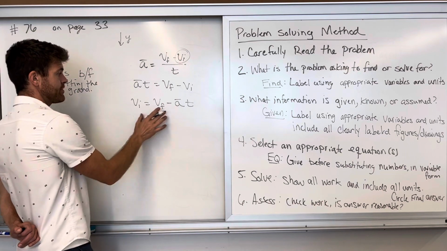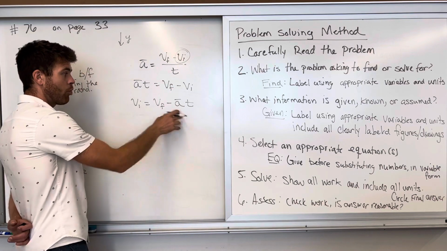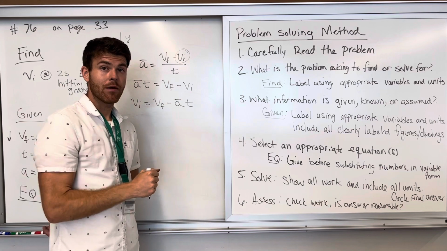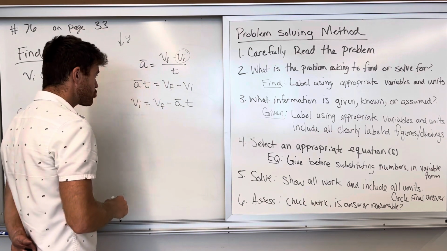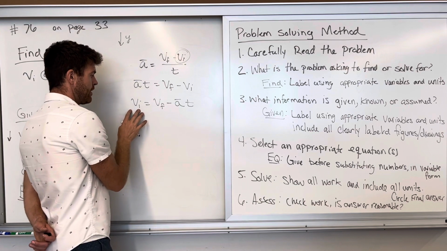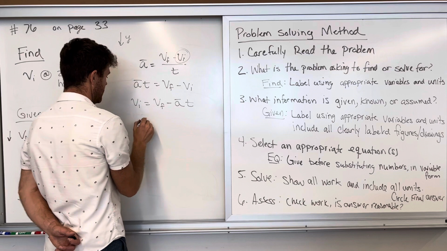Now we have the equation solved for what we're looking for. Now we plug in the numbers. I strongly encourage you to solve the equation for the unknown value that you're looking for, and then plug in the numbers.